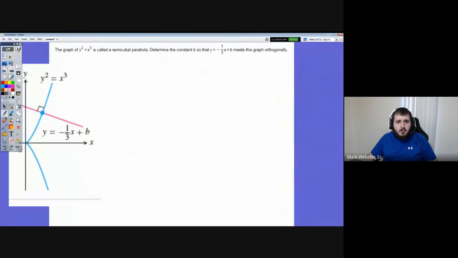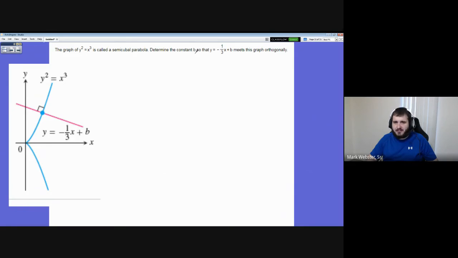What else? This one. I included this one just because it says something complicated. So it's something very easy, said very complicatedly. The graph is called a blah, blah, blah. This is called a semicubical parabola.